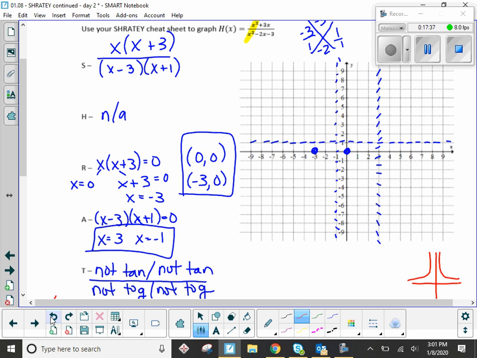Like, for example, to figure out what the graph is doing on the left side, I'm not going to pick an x over here. I'm going to pick an x here on the left side. So it can be -2, -4, -5, -6. All you need is the second thing to start the shape of your graph. What I chose yesterday was -2.